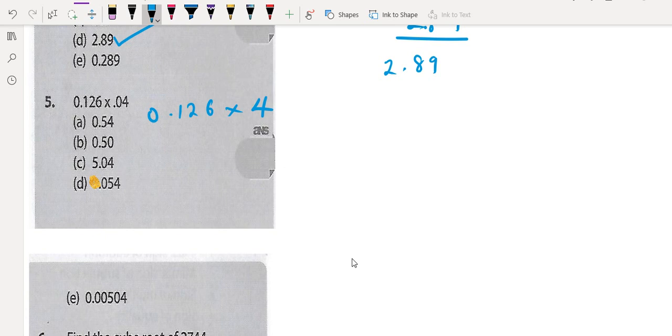Okay, so 0.504. It's not even there. What of 0.5? You got 504 in the answer, right? Yes. Okay, so the most likely one should be this.